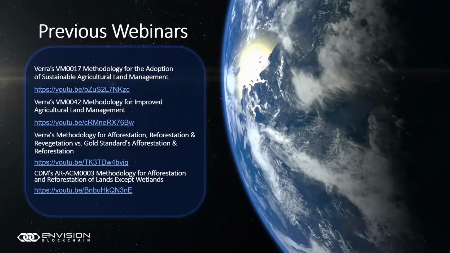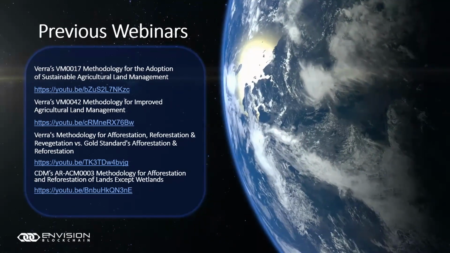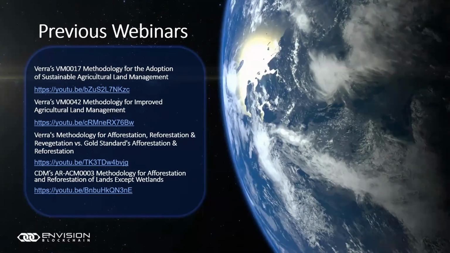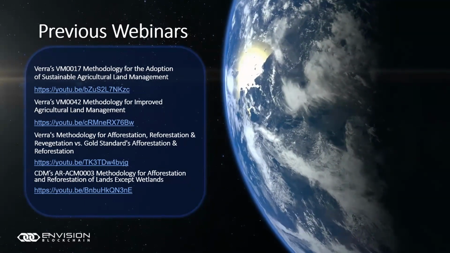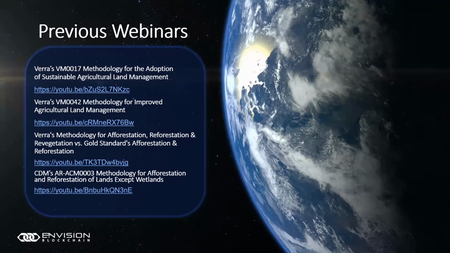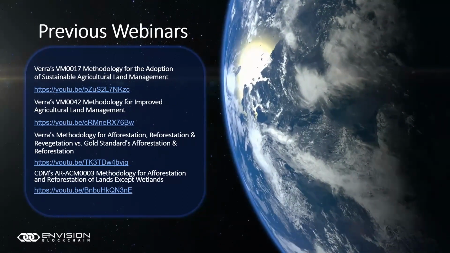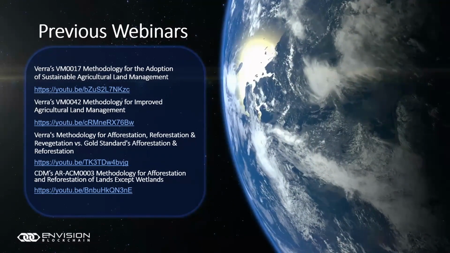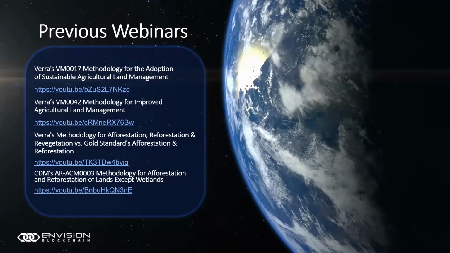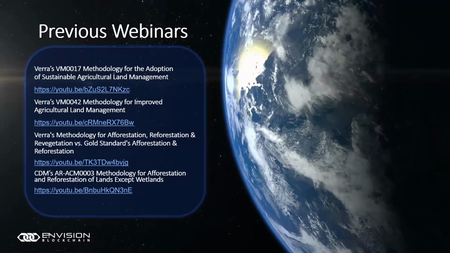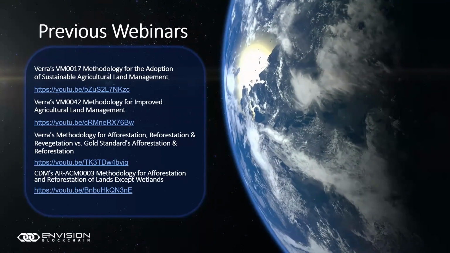We also covered the comparison between Vera's methodology for afforestation, reforestation, and revegetation, and Gold Standard's afforestation and reforestation. This session explored similarities and differences between these methodologies, where we also used the policy differentiation tool.